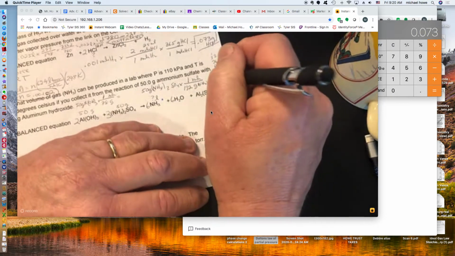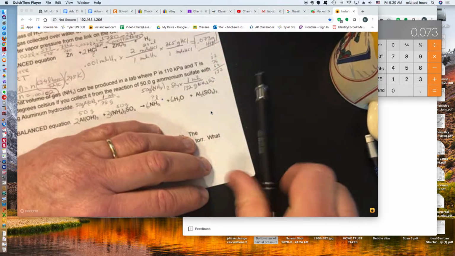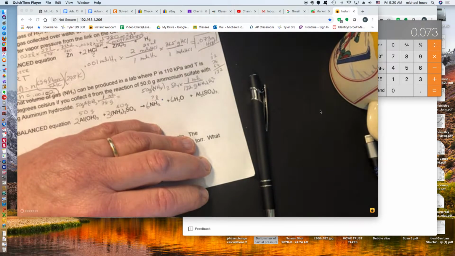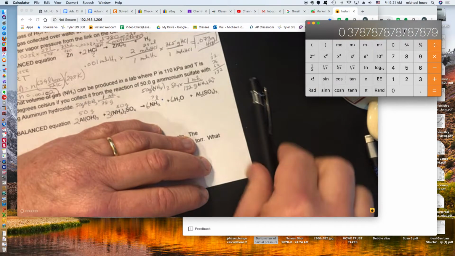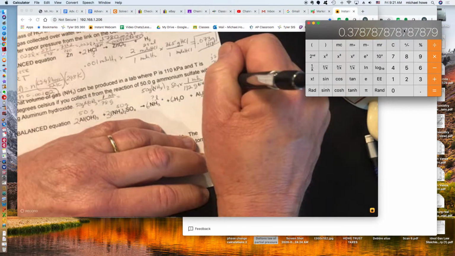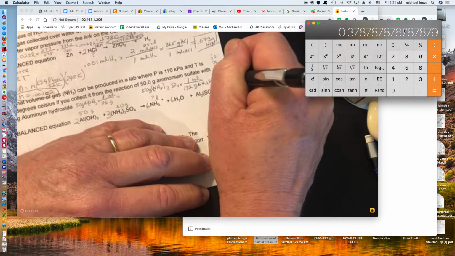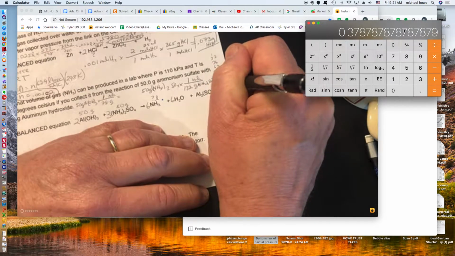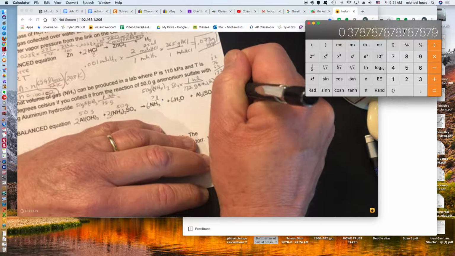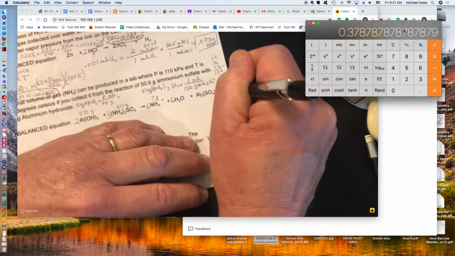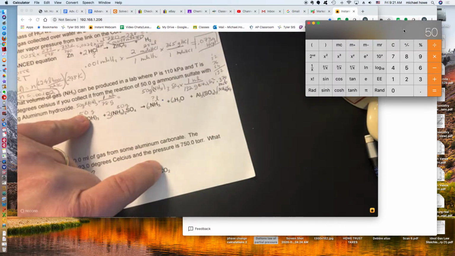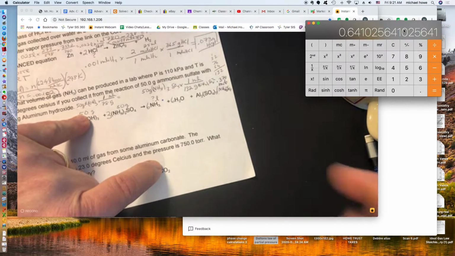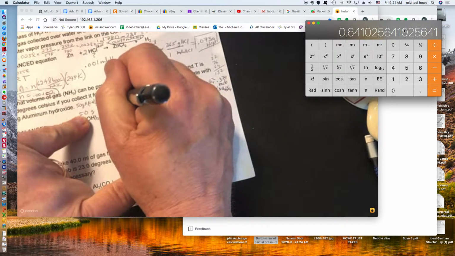So if I work that out, 50 divided by 132 on the calculator is 0.379 moles. And that's the moles of the ammonium sulfate. Over here, 50 divided by 78 is 0.64 moles of this one.